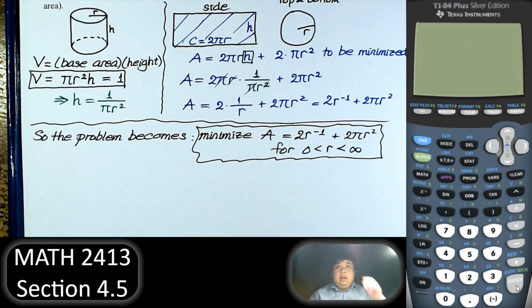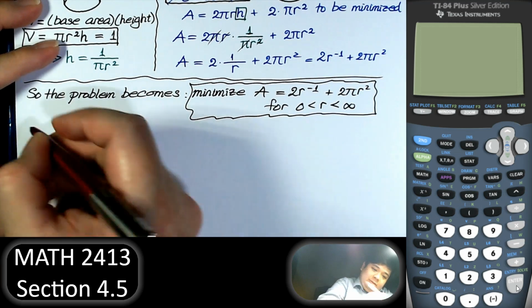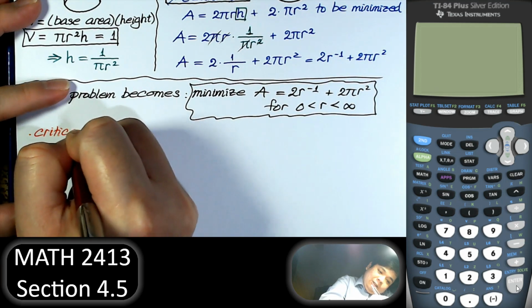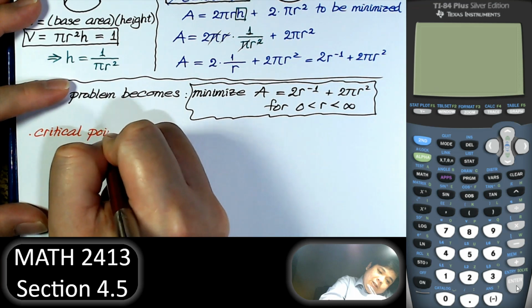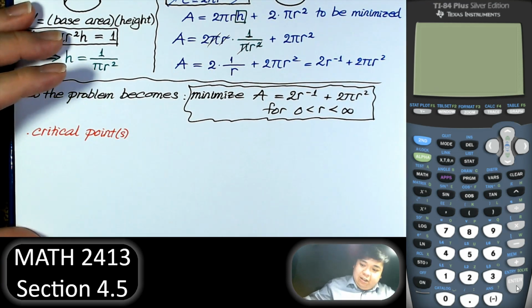Right. Now this one we actually do the math. Let's find the critical point. I will take the derivative.